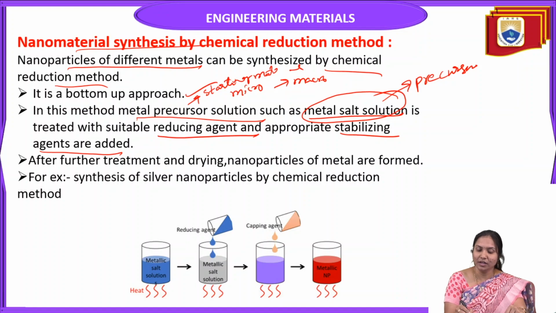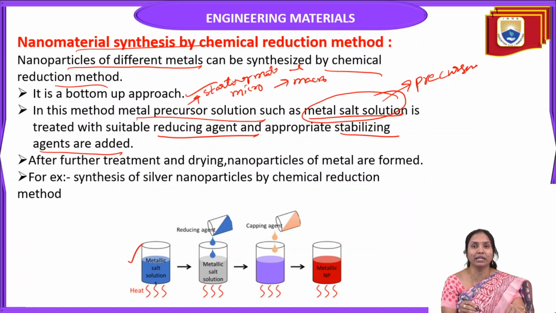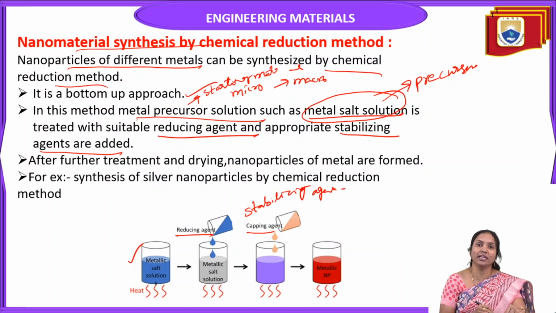For example, the metallic salt solution is taken in this beaker as the precursor. Next we add a suitable reducing agent. Then we add a capping agent, that means a stabilizing agent. First we take the precursor solution, the metal salt solution from which we prepare the metal nanoparticles.